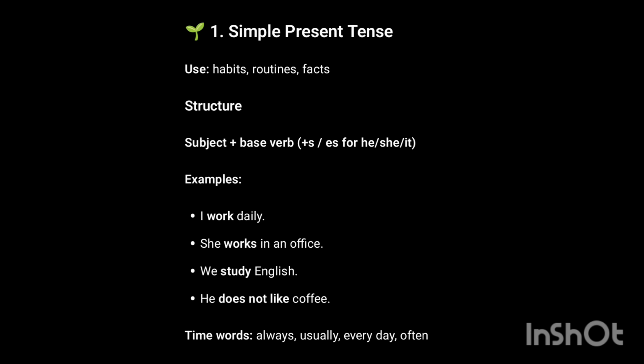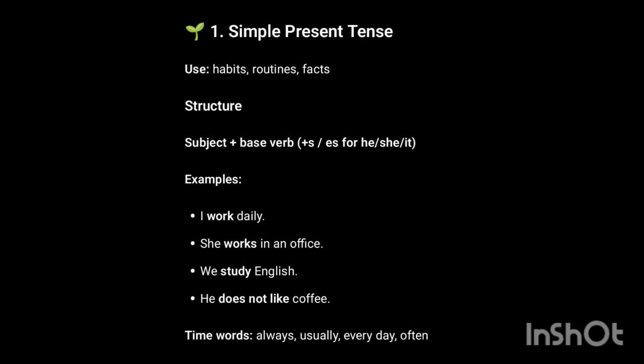You guys remember when we use do and does for questions? Do you want coffee? Do you need any help? Do you have anything? Do you need something? At that time we have to use do.